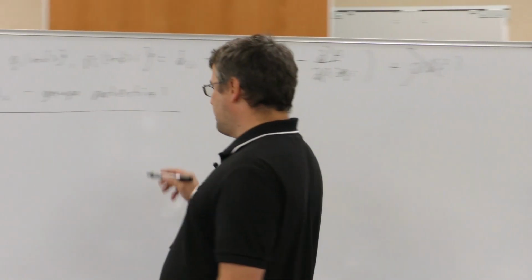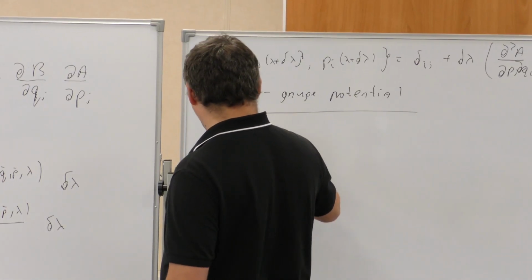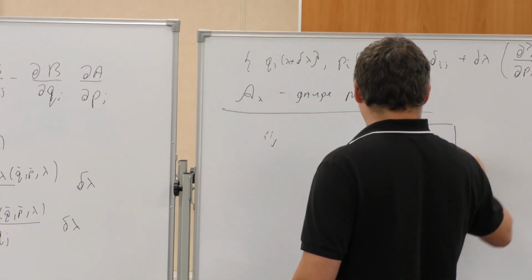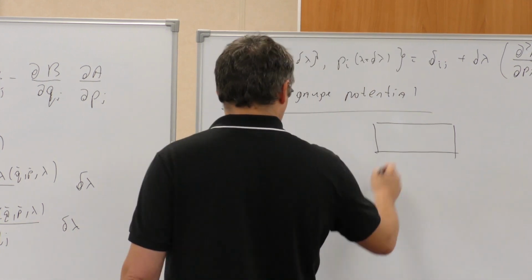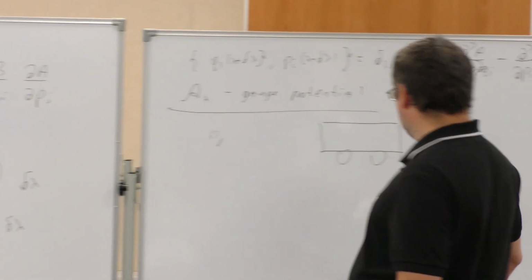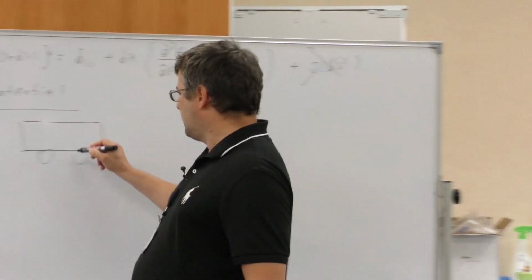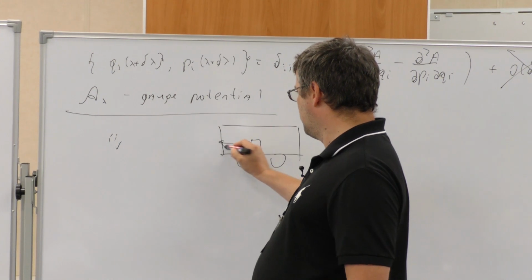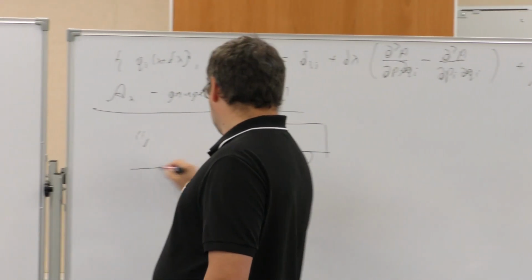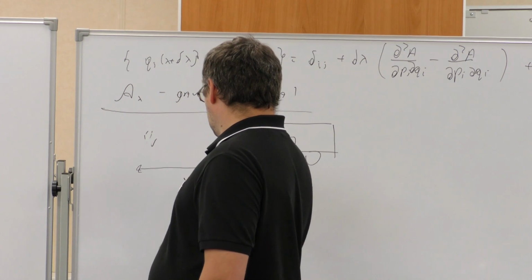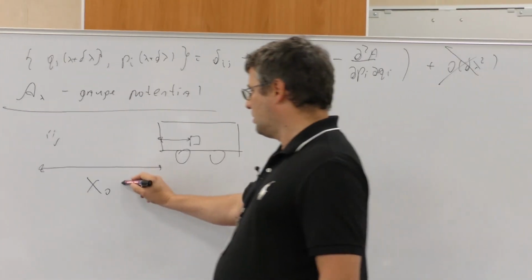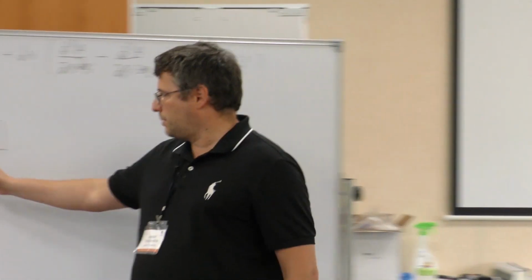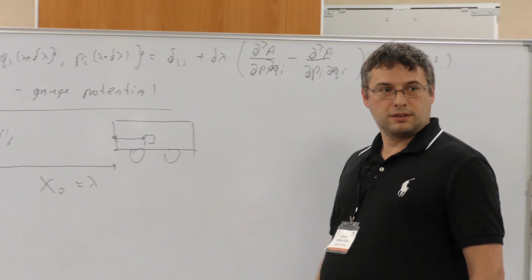So let me consider a very simple canonical transformation. Let me give you an illustration. We have some car, and we have a particle in the car. And then it's convenient to go to a moving frame. I'll define the position of the car as x0. This plays the role of my lambda. Lambda is an arbitrary parameter, so here I call it x0 because it has a more transparent physical meaning.